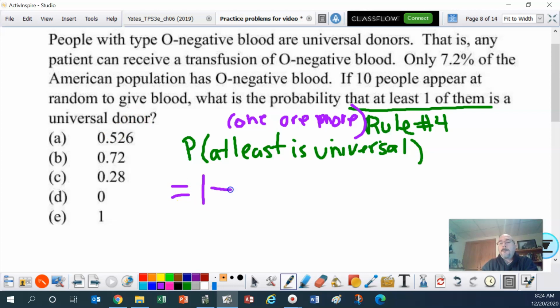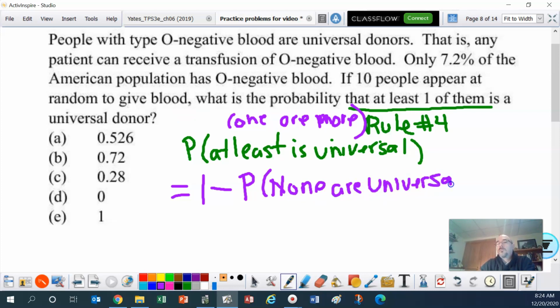Well, 1 minus the probability of none are universal. So that I can figure out. Well, folks, up here it says 7.2% of them are O negative.